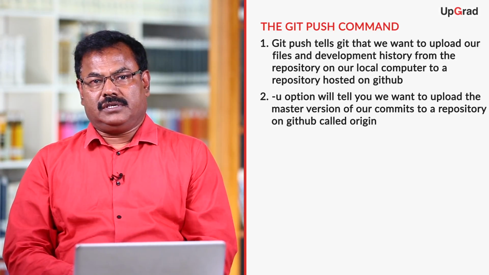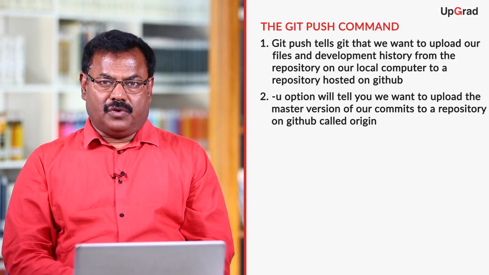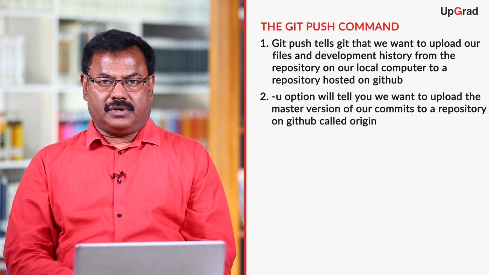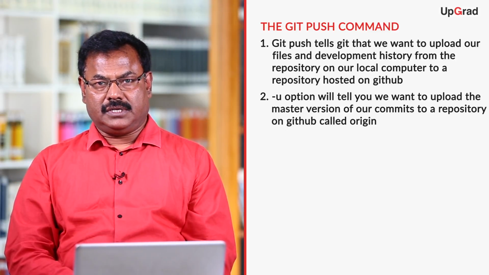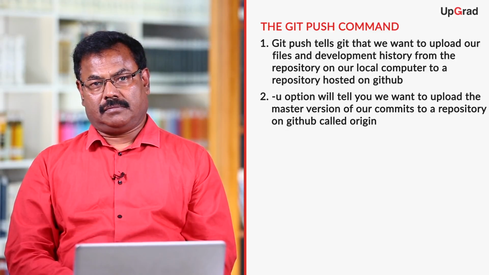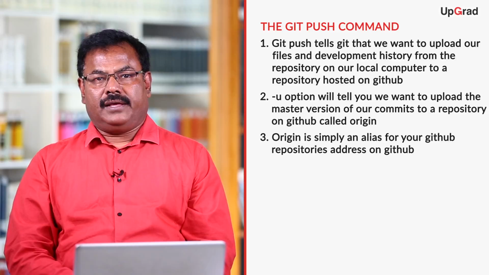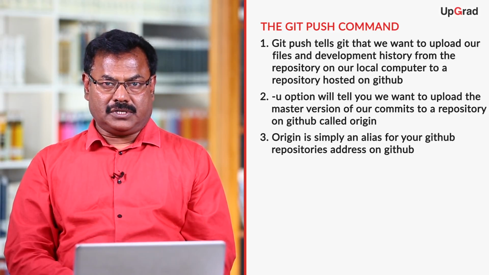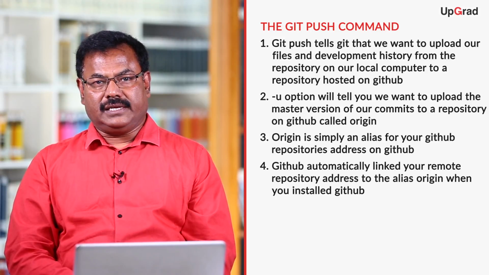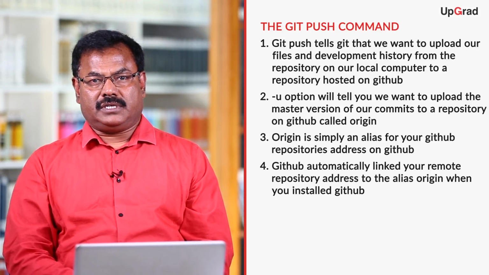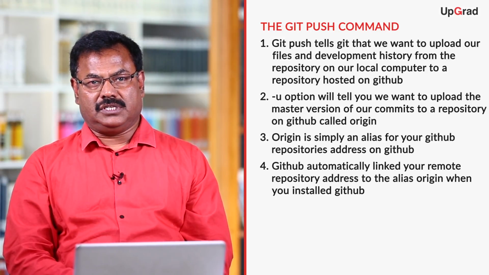The -u option tells Git we want to upload the master version of our commits to a repository on GitHub called origin. Please note that origin is simply an alias for your GitHub repository's address. GitHub automatically linked your remote repository address to the alias origin.